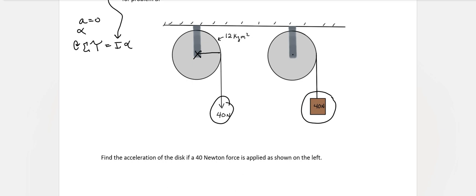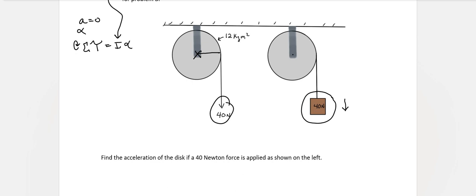Here's something to realize. That object, if you look at the problem, is going to accelerate down, and that means the net force must be down for that object. That tells you that the weight, the 40 newtons, is larger than the other force acting on this object. You can start to see right now that the tension in this rope is not 40 newtons.